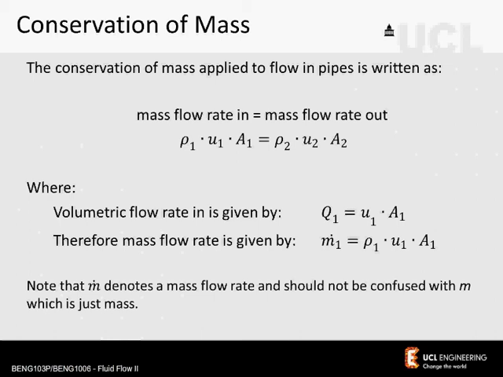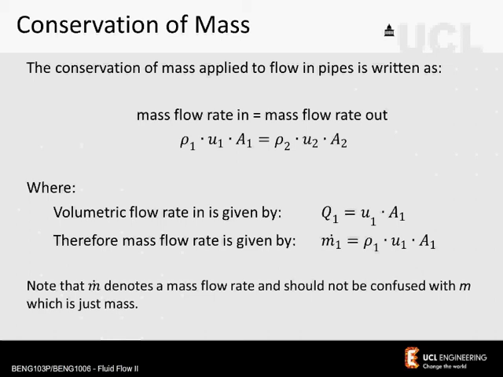Now you can calculate the volumetric flow rate in a pipe system by using Q = UA, where A is the cross-sectional area of the pipe. Therefore, the mass flow rate is given by m dot = ρUA, where ρ is the density of the fluid.